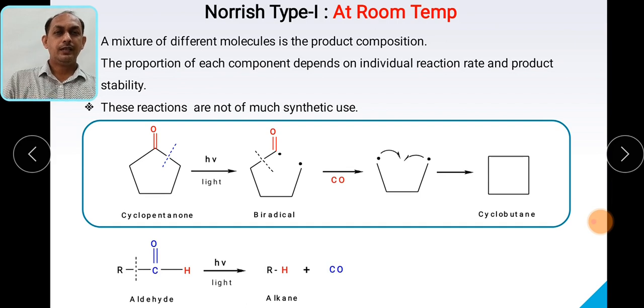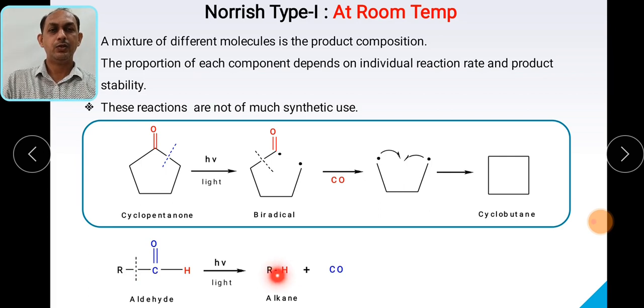Whatever examples we have seen in terms of acetone or cyclopentanone, these are all ketones. So in terms of aldehydes, what happens? Aldehydes have only one alkyl group on one side. So the bond between the alkyl carbon and the carbonyl carbon will break, and you will get formation of free radicals, that is R and H, and CO will be eliminated.